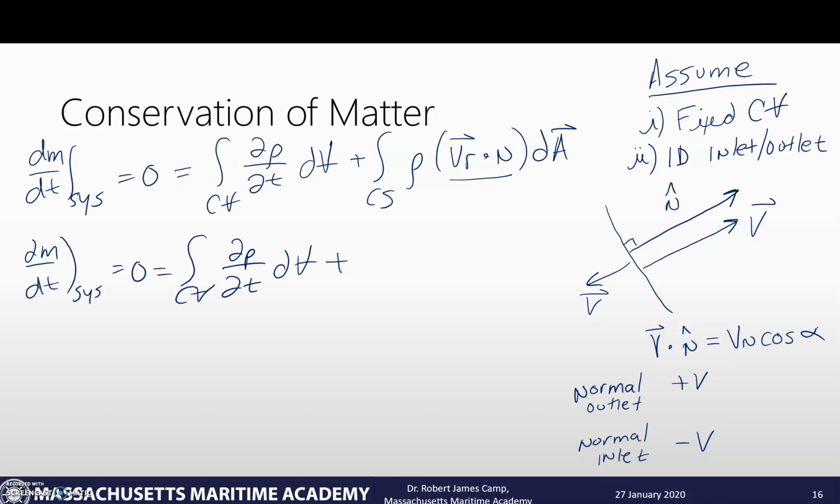So now what we end up with is we have this case where, okay, so I know that v dot n, since it's all going to be normal, the stuff that's coming in is going to be negative v, the stuff that's coming out is going to be positive v. And so now I take that v, I multiply it by my density, and then I'm doing dA, so the integration of the control surface. So at this point, basically what I'm doing is I'm just adding up everything coming in and everything going out. And when I do the integration of the control surface of dA, that's just going to give me the area of that input and output.